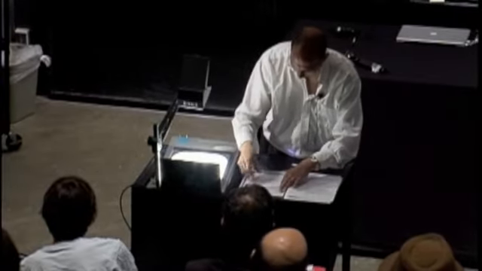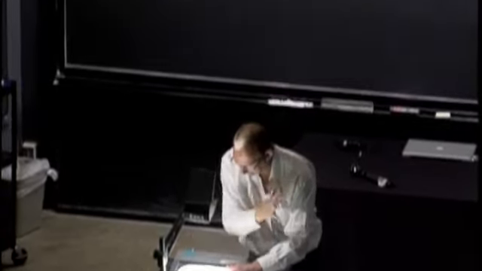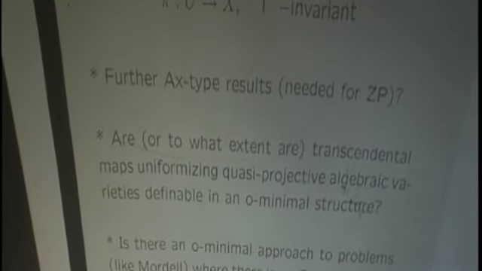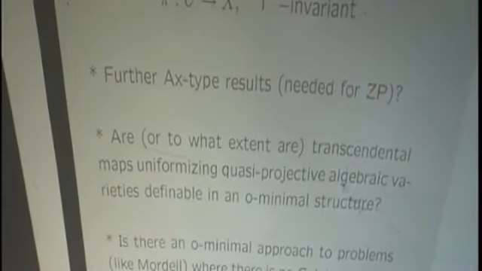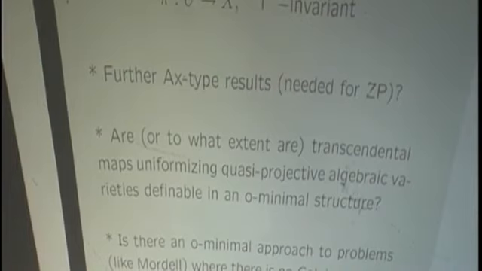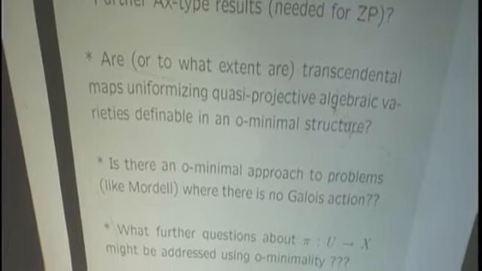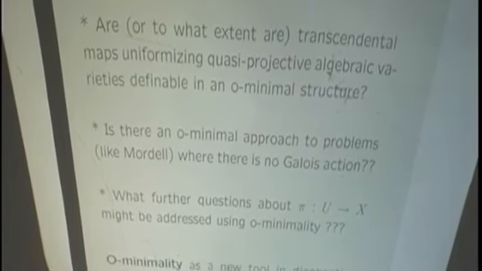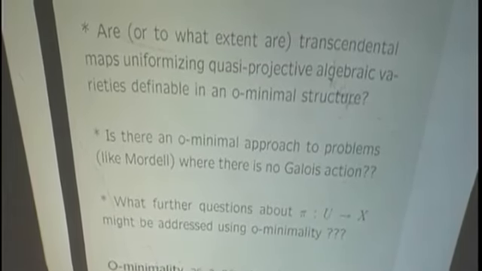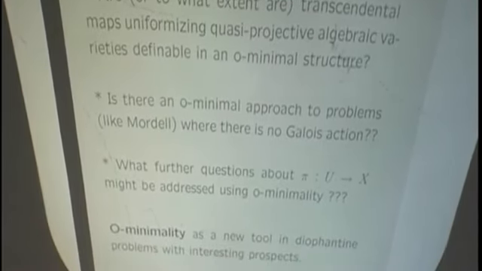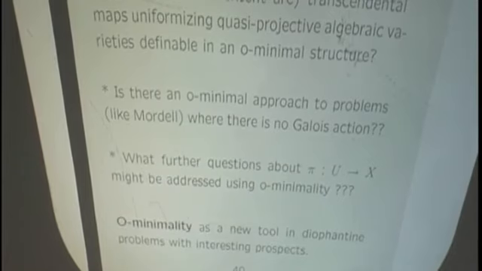Just to finish with the idea that, apart from trying to prove more cases of André-Oort or Zilber-Pink and so on, one can also ask various definability questions about transcendental maps uniformizing quasi-projective varieties, or if you like, the inverses, the hypergeometric functions, to what extent you can find them in an O-minimal structure.